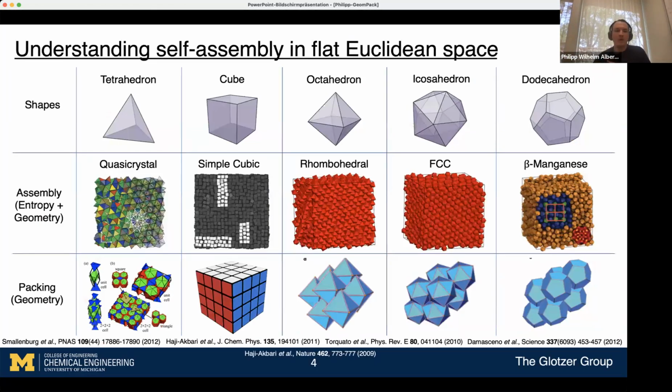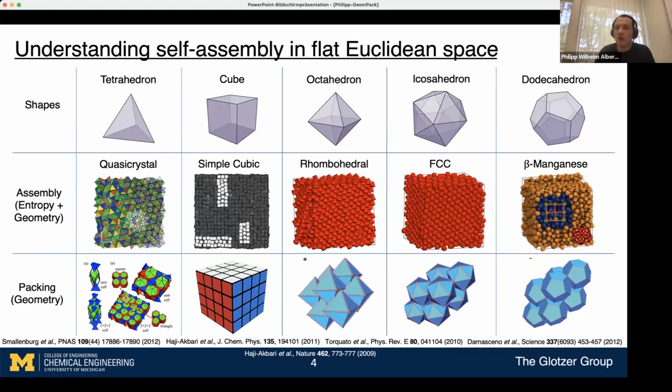So when we, for example, look at the self-assembly of the Platonic solids, from tetrahedron, cube, octahedron, icosahedron, dodecahedron, we can see that we get, again, very simple crystals, like, for example, the FCC crystal, where we have only one environment for each particle in relation to its nearest neighbors.